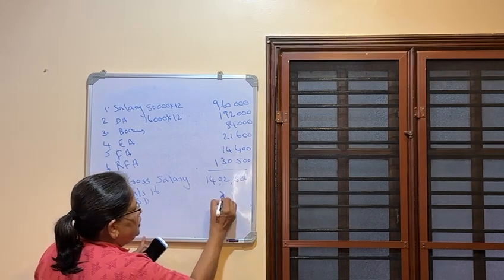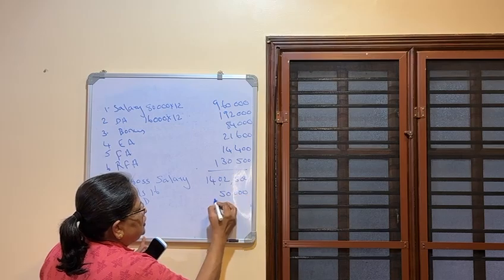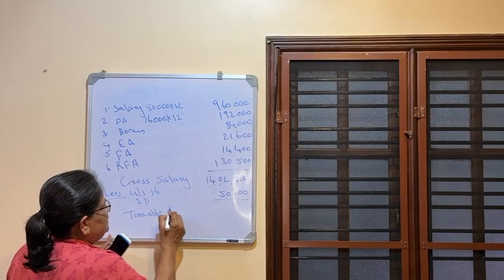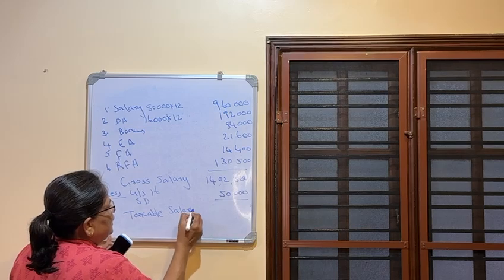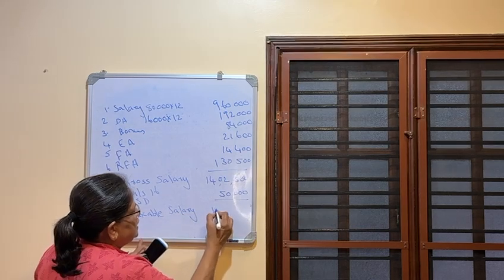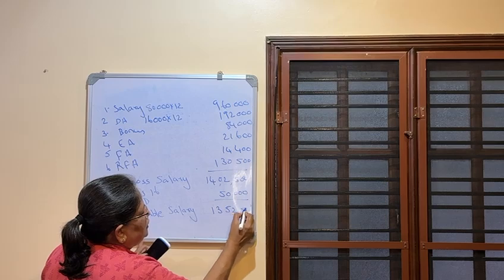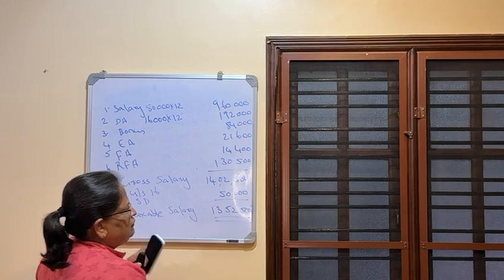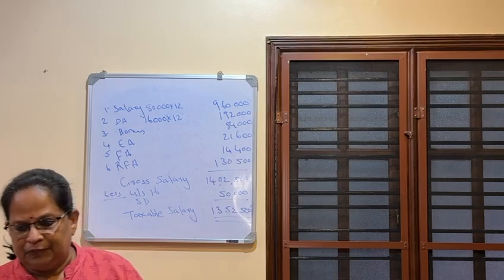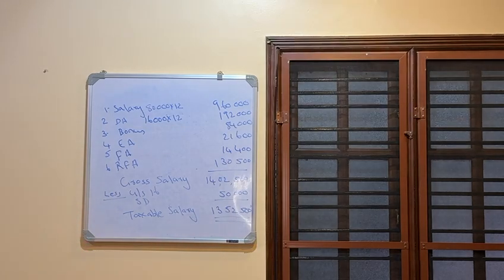So 50,000 you have to reduce. So your taxable salary is equal to 13,52,500. So this is the first problem I wanted to explain. Now the second problem, problem 2.